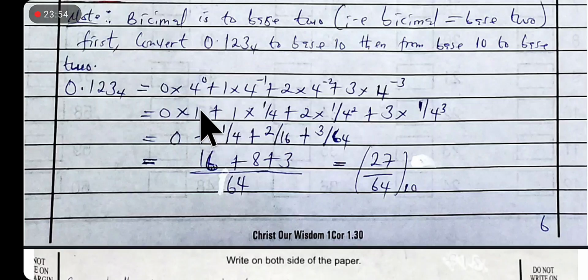So 0 times 1 is 0 plus 1 all over 4. Why is it 1 all over 4? 1 times 1 all over 4 is 1 all over 4, plus 2 times 1 is 2, then all over 4 raised to the power 2 is 16, plus 3 times 1 is this 3, then 4 raised to the power 3 here is 64.